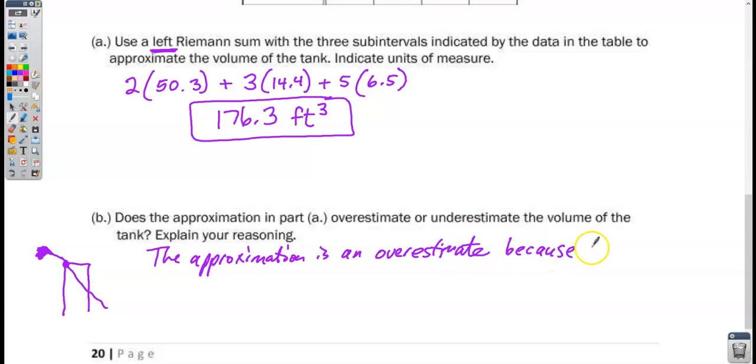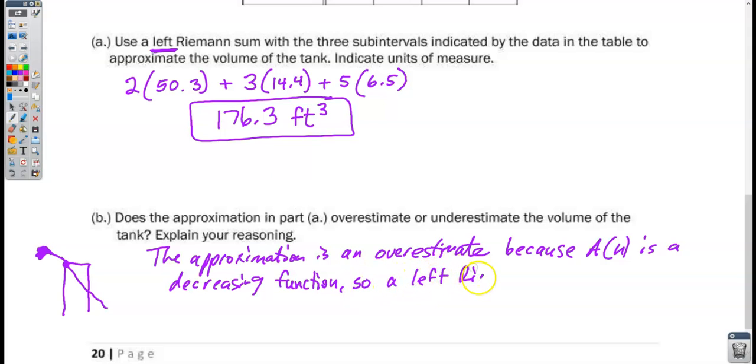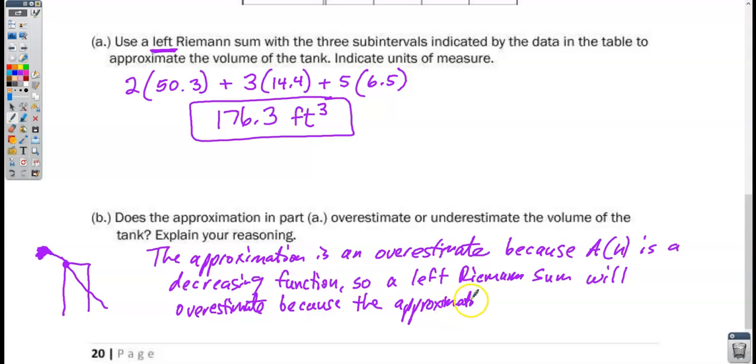Because A of h is a decreasing function, a left Riemann sum will overestimate because the approximation values are the largest value of the function on each subinterval.